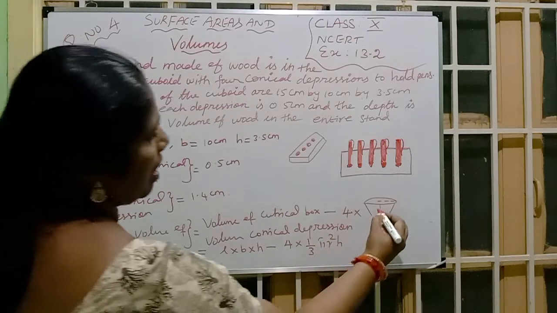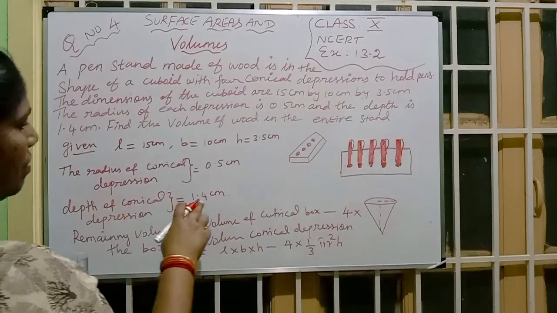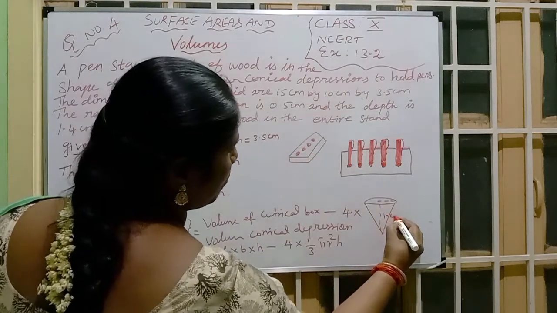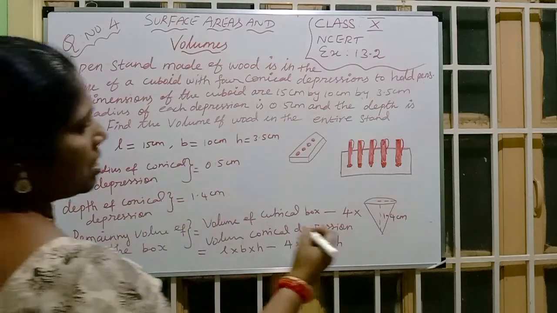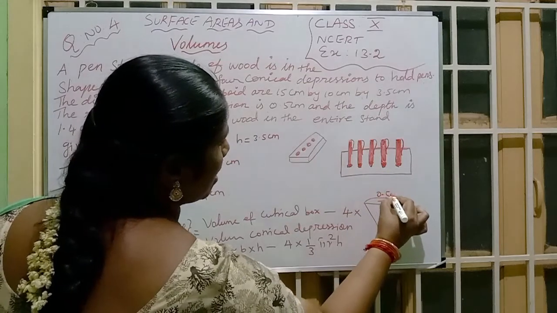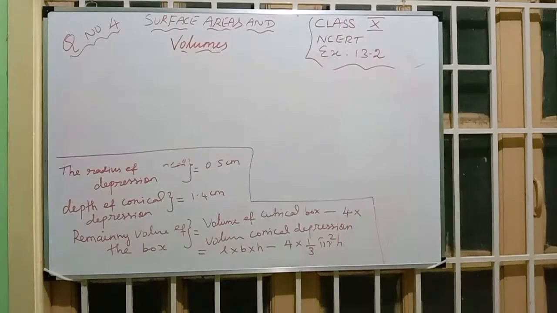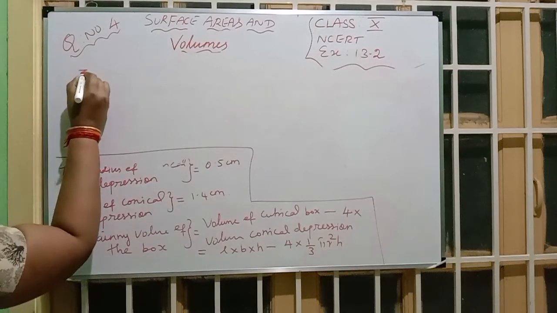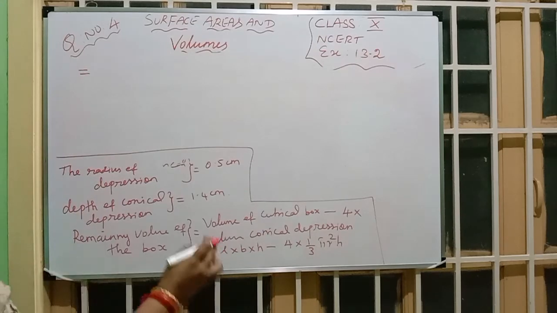Given height of the conical depression is equal to 1.4 centimeter. Then radius of the conical depression is equal to 0.5 centimeter. Now substitute the values. Length of the cuboid box is 15 centimeter.